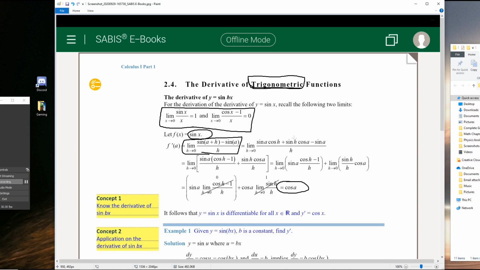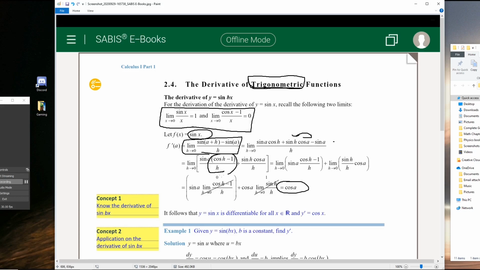So sine a times cosine h, plus cosine a times sine h, and you continue: minus sine a, over h. You just do what they did.